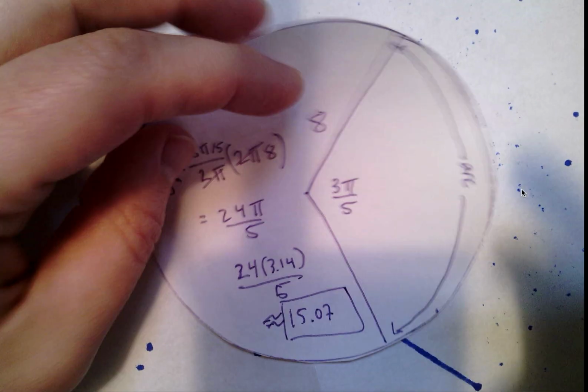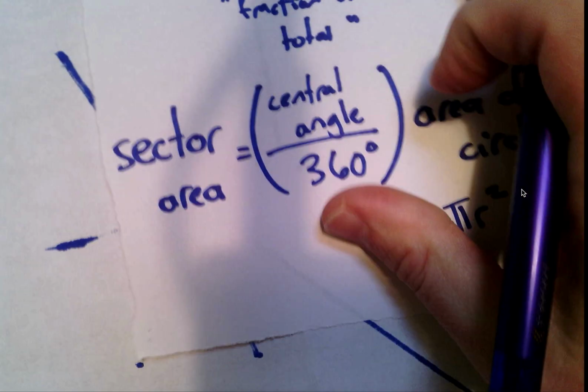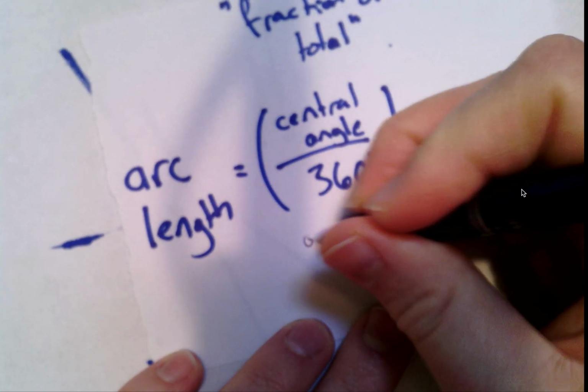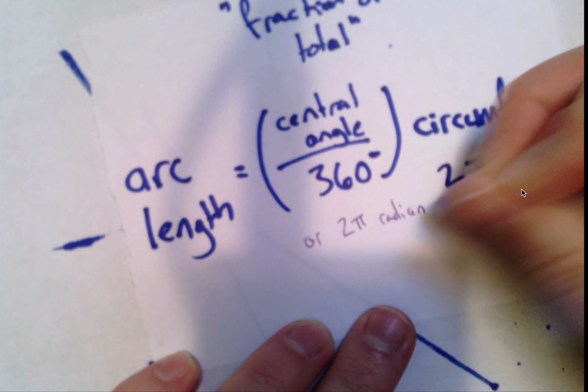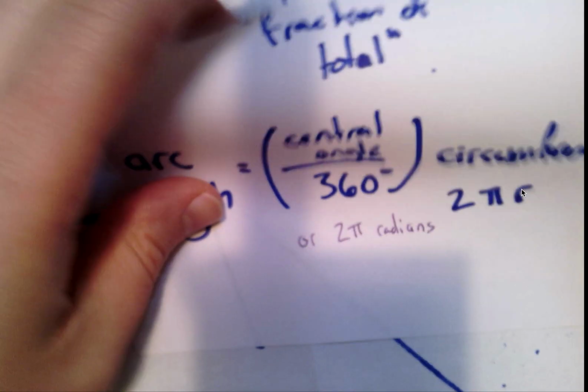All right. So again, going back to these new formulas that might help us, sector area, sorry, we just did arc length. Arc length is equal to central angle over 360 or 2 pi radians, depending on which unit you're using for your angle, aka which unit was given to you by Khan Academy.